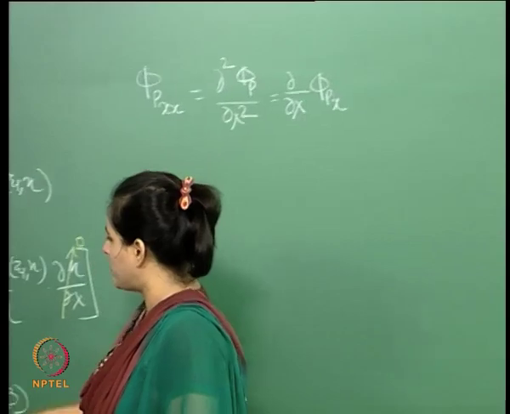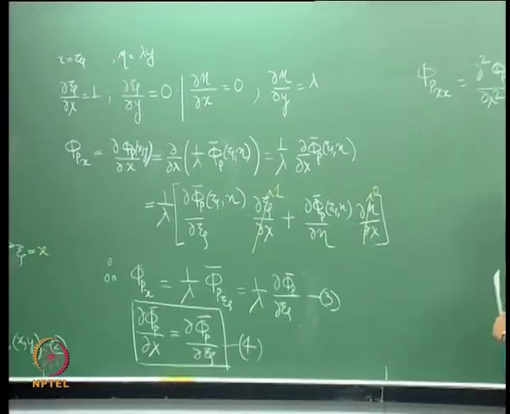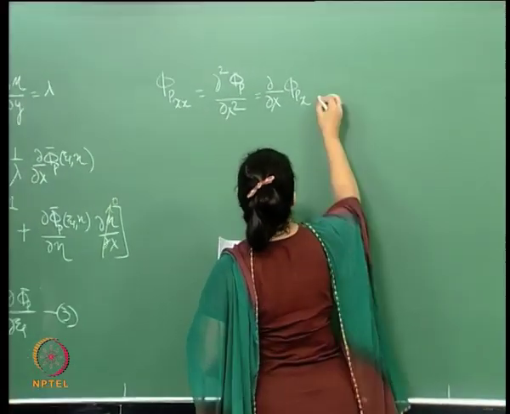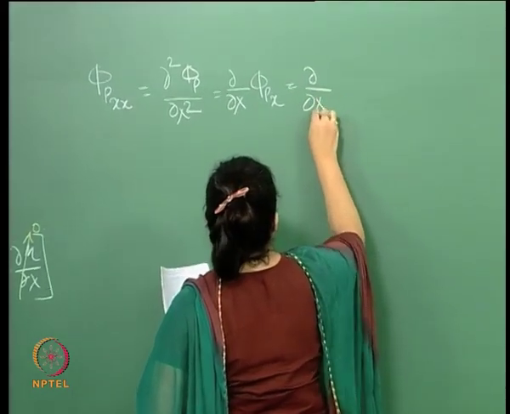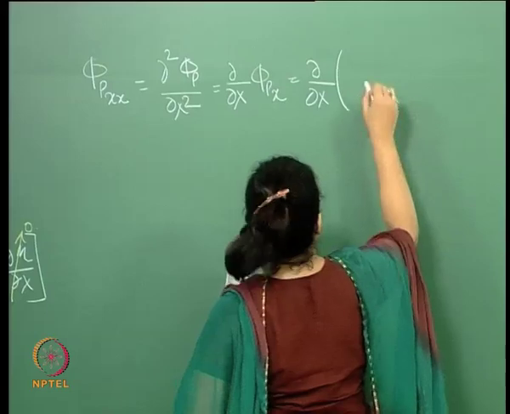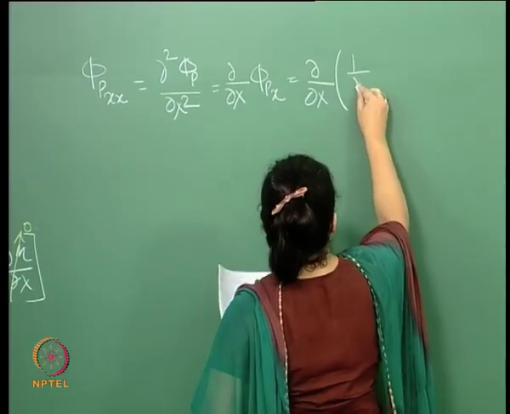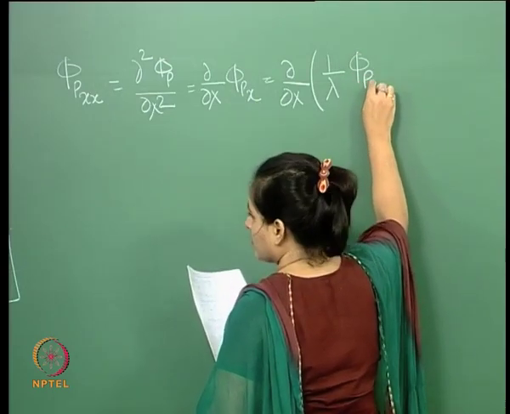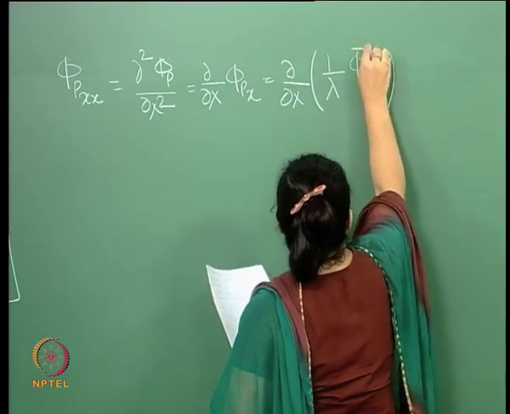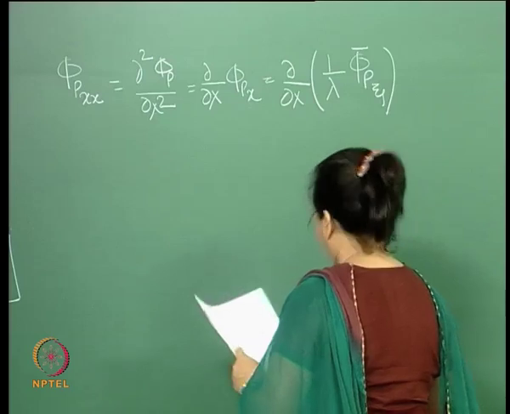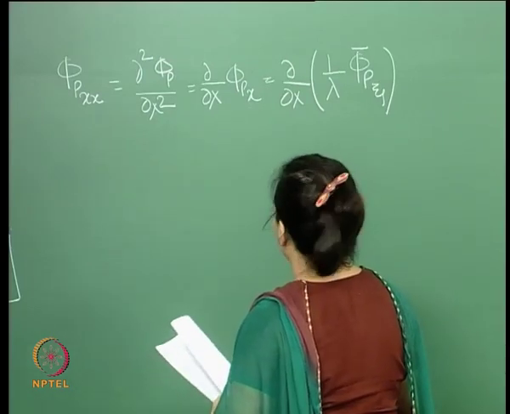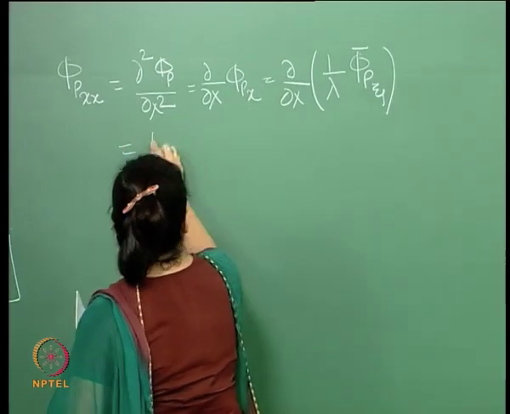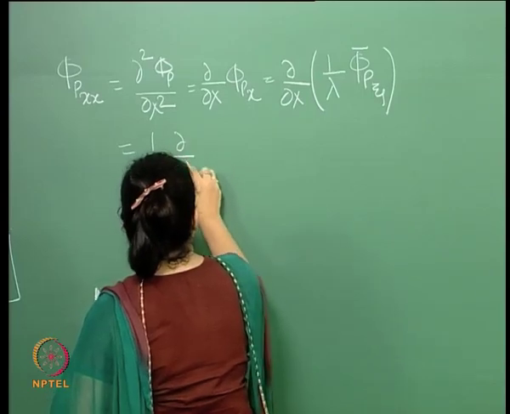And as we have seen from here, if I were to write this in terms of phi p bar, then the way I would write this is, okay. So, this is what we get here.